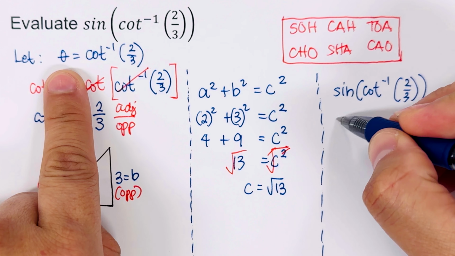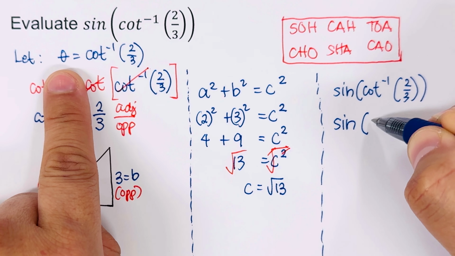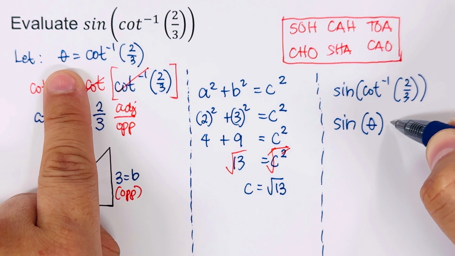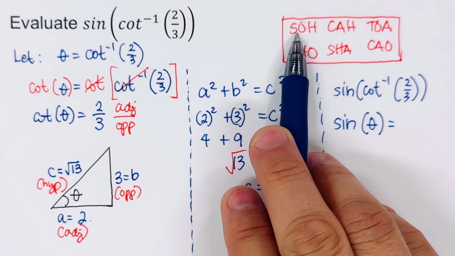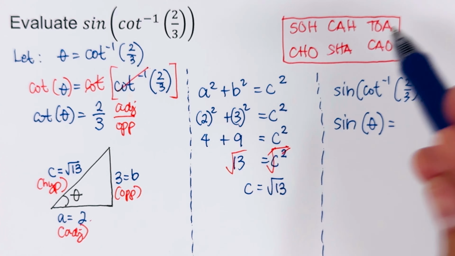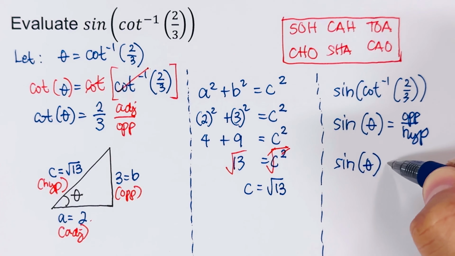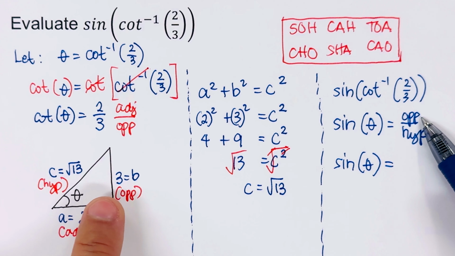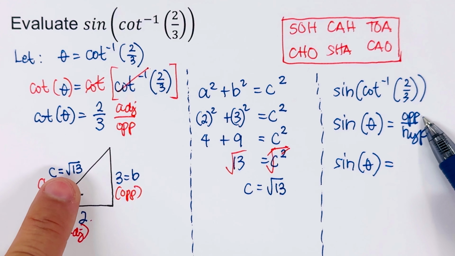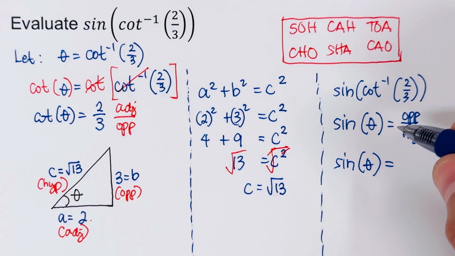So we're pretty much looking for sine of theta. In this case, if we have sine, we're going to use this part of the acronym, SOH, and that is sine is equal to opposite over hypotenuse. To do that, we're going to use this triangle that we have here where the theta is. Our opposite is 3 and our hypotenuse is square root of 13.